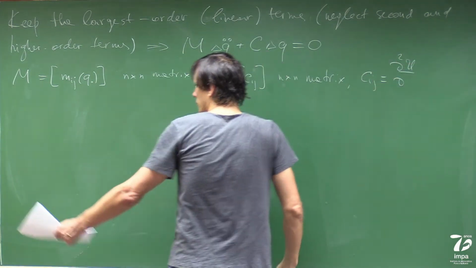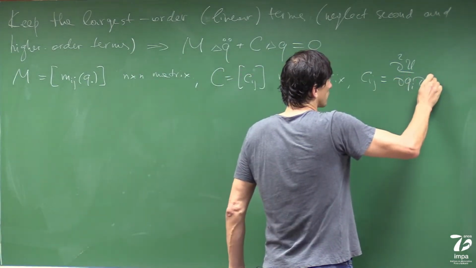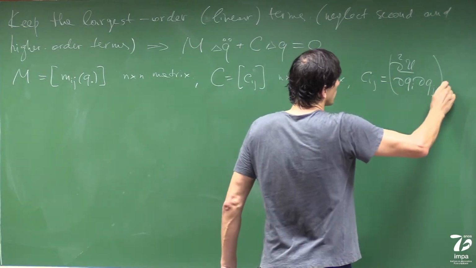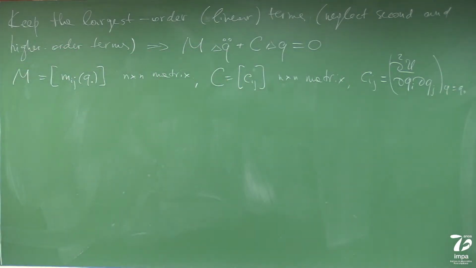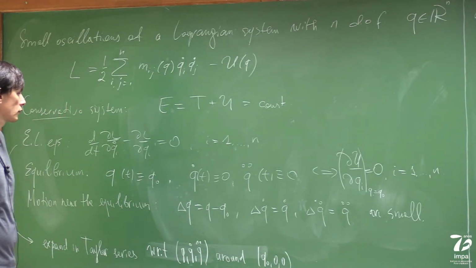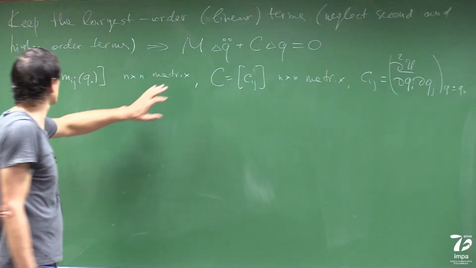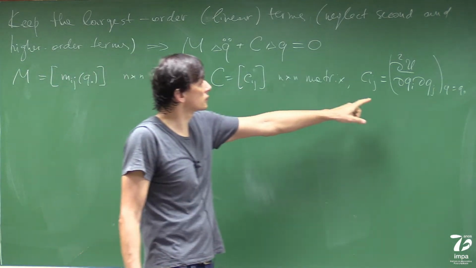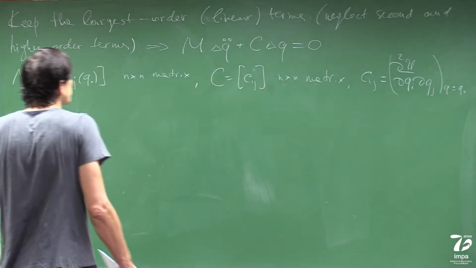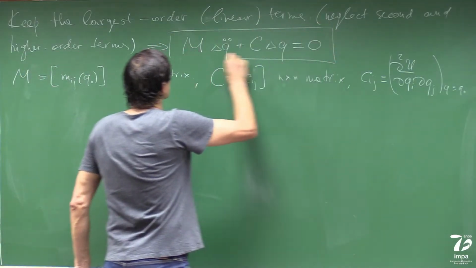The first derivative is 0, but the second are not necessarily 0. So we take the second derivatives and compute them at equilibrium. If you expand in a Taylor series, forget about smaller terms, and keep only the linear terms, you get this equation which depends on mass coefficients at point q0 and the second derivative of the potential function at the equilibrium. In other words, this is the equation for small oscillations.